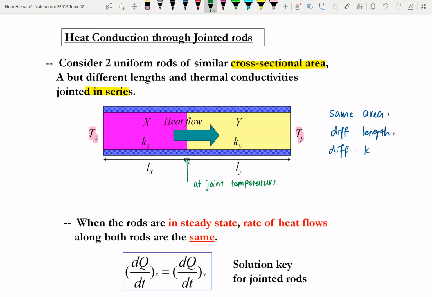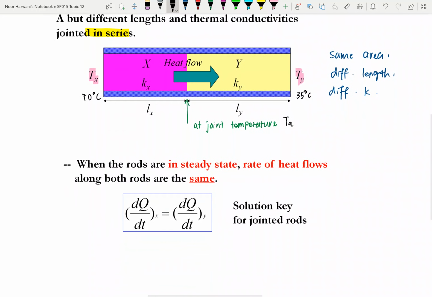So maksudnya temperature dekat boundary between two rod. Okay, so I label dia maybe sebagai TA. Okay, let's say lah TX ni I bagi dia sebagai 70 degree dan TY I bagi dia sebagai 35 degree Celsius.